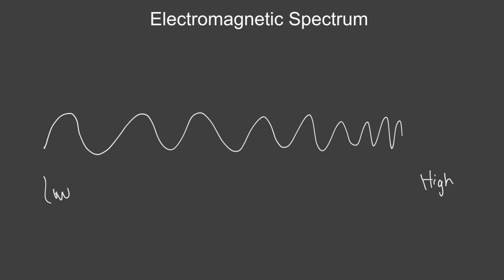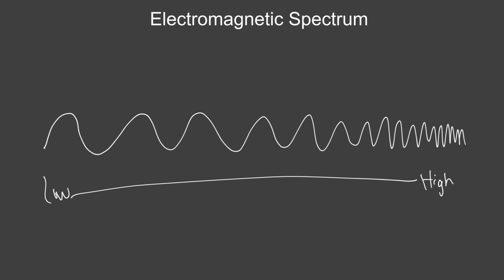So let's look at how the wavelengths change across the electromagnetic spectrum. If we were drawing it starting with low energy on the left, going up to high energy waves on the right, it might look something like this. Again, it's a rough drawing, but you can see as we go to increasing energy, the wavelengths are getting smaller, and with decreasing energy, the wavelengths are getting larger.